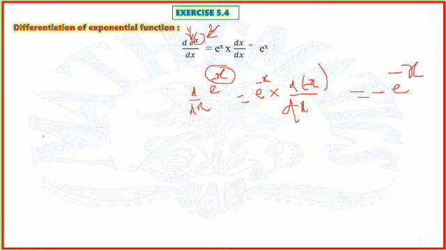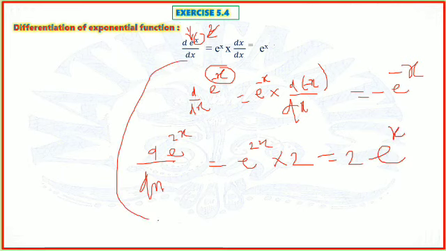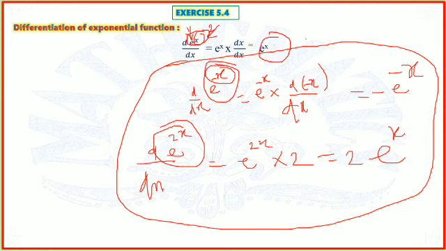So the differentiation is minus e to the power minus x. On the other hand, suppose you have e to the power 2x, then this will be equal to exponential 2x as it is, and then the differentiation of 2x is 2, which is equal to 2 into exponential 2x. The overall generalization of all these derivatives is that the derivative of an exponential function is the exponential function only, multiplied by the coefficient of the power.